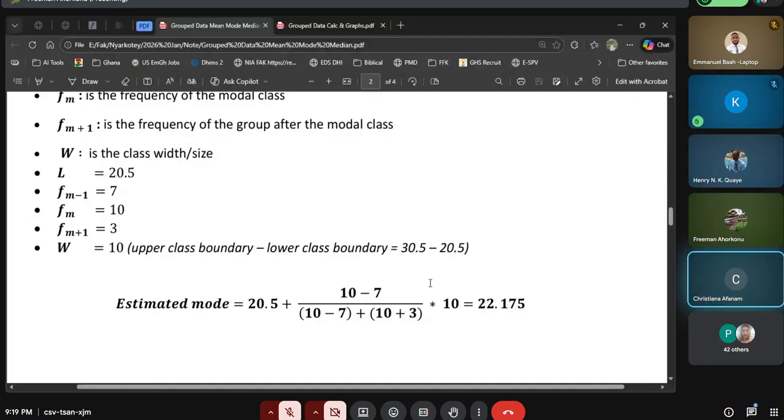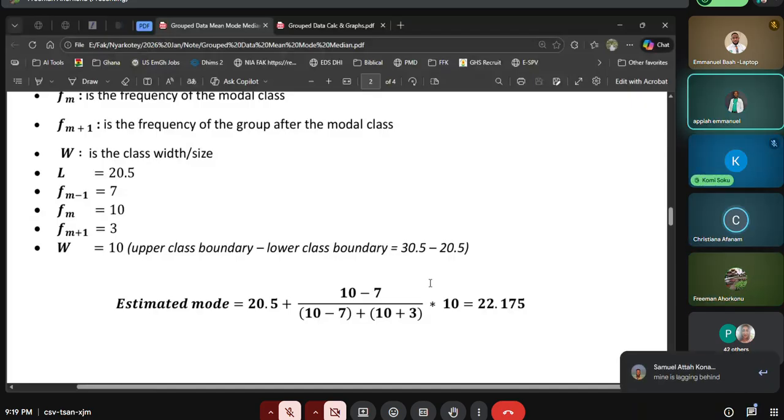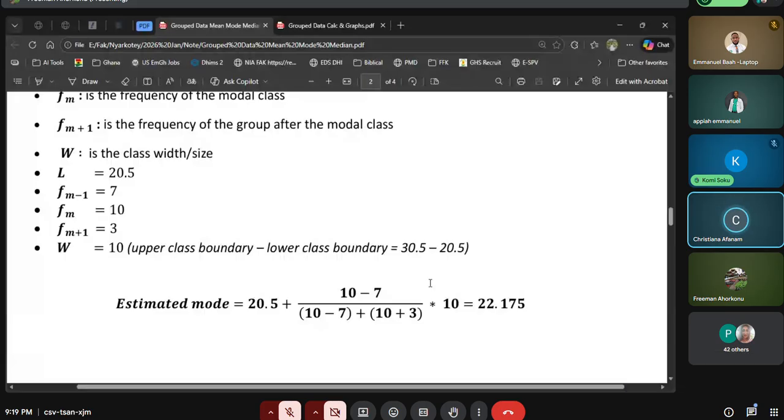Hello, sir. With a normal calculator, I don't know if they used a scientific one, I stand to be corrected. With a normal one, I got 217.